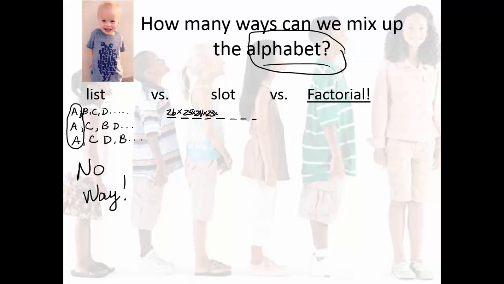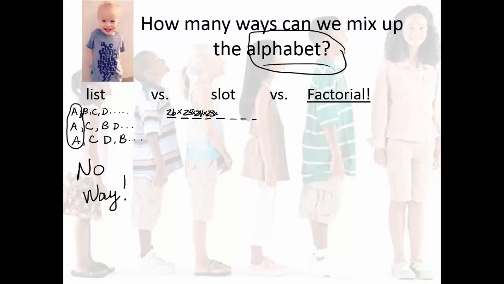Maybe you could just start putting those into your calculator and multiply 26 times 25 times 24 times 23 all the way down to 2 or 1. 1 is included, but you may have already noticed by now that that last step, that times 1, doesn't really change anything, does it? Anyway, you could put that in your calculator. That's going to take you about 30 seconds. That's quite a bit of time for a multiplication problem. But at least it's more efficient than list or tree diagram, right?